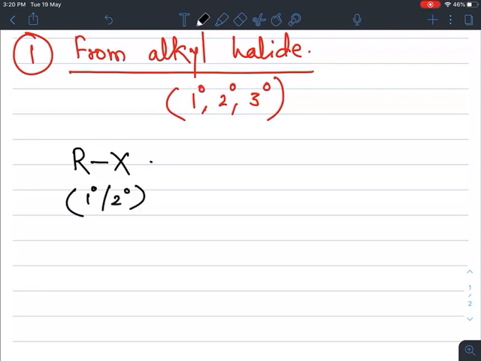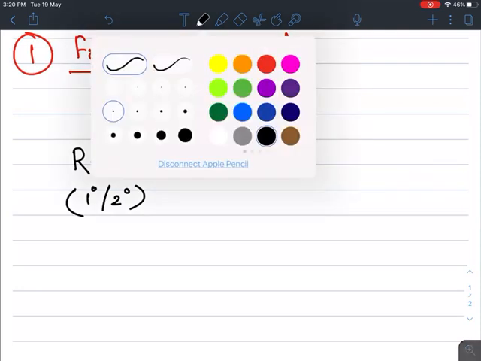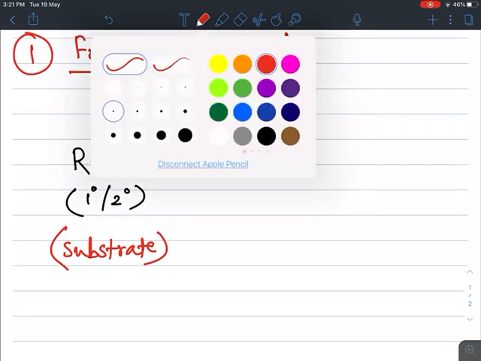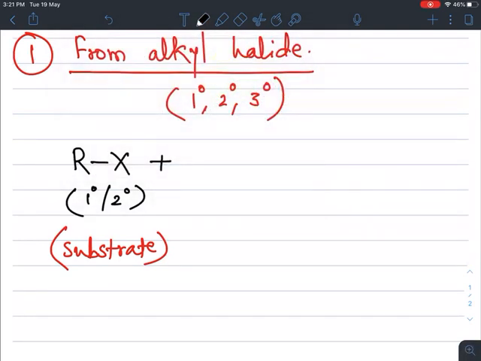When it is treated with a reagent, the alkyl halide is called the substrate. The substrate is either primary or secondary. It is treated with a reagent, an aqueous strong nucleophile containing reagent, that is aqueous KOH or aqueous NaOH.